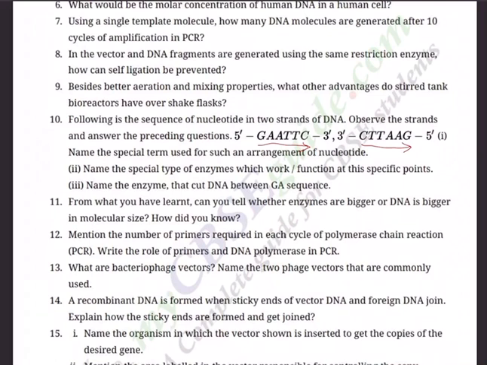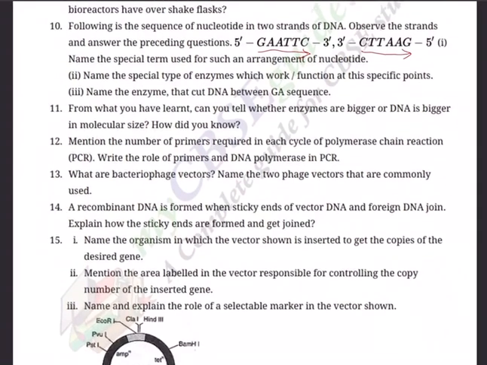Question 13. What are bacteriophage vectors? Name the two phage vectors that are commonly used. 14. A recombinant DNA is formed when sticky ends of vector DNA and foreign DNA join. Explain how the sticky ends are formed and get joined.